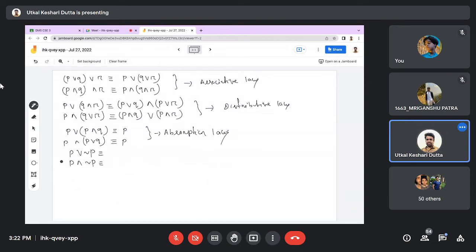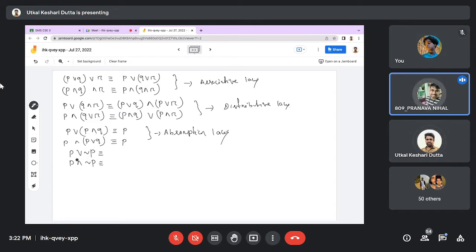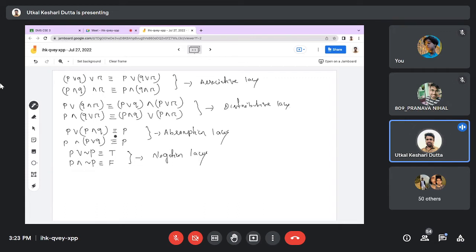P disjunction negation P is a tautology, always true, and the second is a contradiction, always false. These two laws are called negation laws. These are some standard named logical equivalences. Okay. For proof, you can go through the truth table.